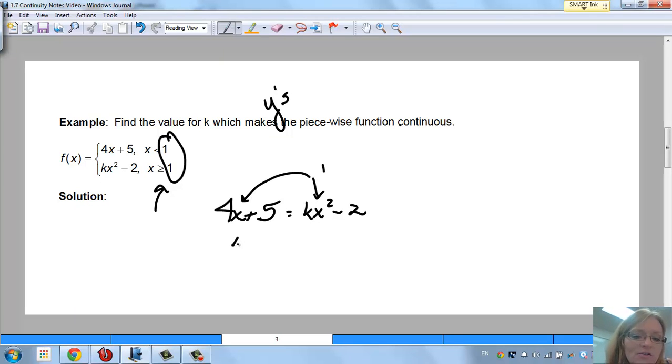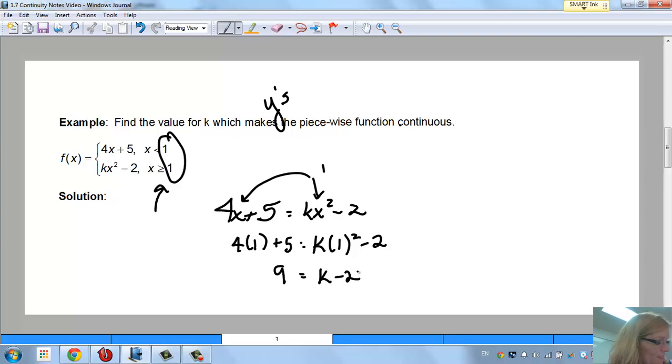So I have 4 times 1 plus 5 equals k times 1 squared minus 2. I put the 1 in the x spot. So I have 4 plus 5, or 9, equals k minus 2. If I add 2 to both sides, k has to be 11 for this to be a continuous function.